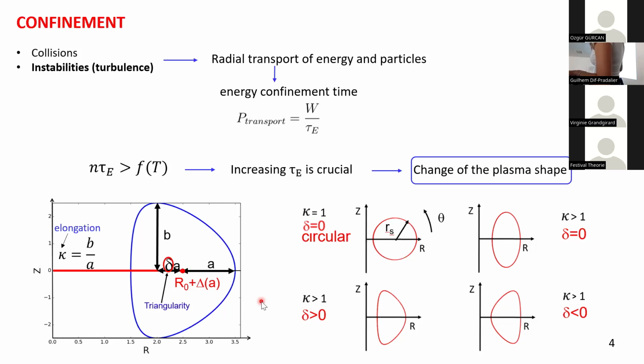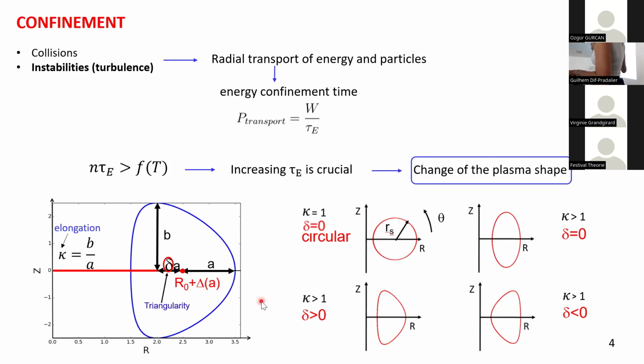You have a circular cross-section where delta is equal to 0 and kappa equal to 1. You have an elliptical one here, when delta is equal to 0 and kappa is higher than 1. You have a D-shaped configuration when delta is higher than 0 and kappa higher than 1. This configuration is called positive triangularity configuration.